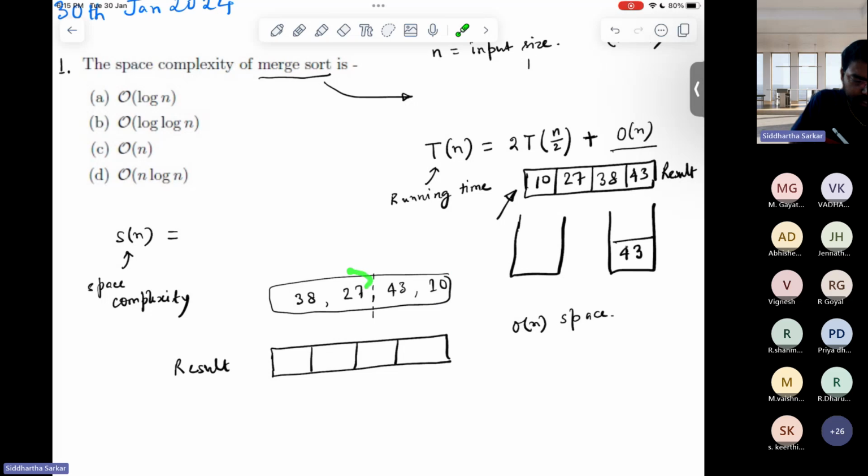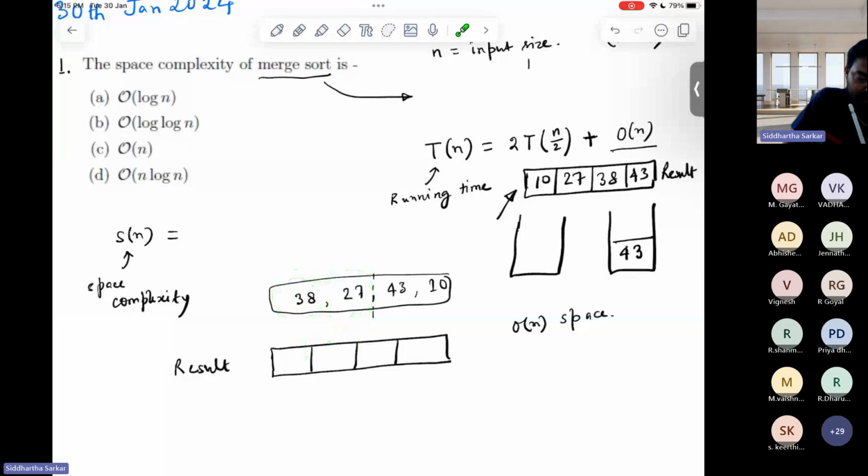So now once we have divided the array into two parts, then we call merge sort upon the two parts again. Then that recursive call to merge sort will divide the array further into two equal parts. But once this division is done, then in each part, only one element is left.